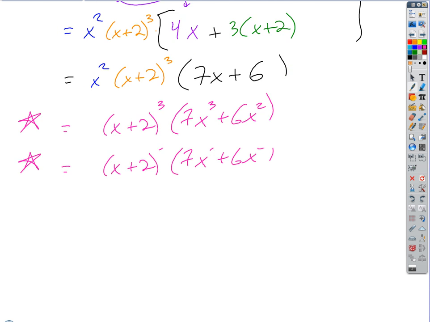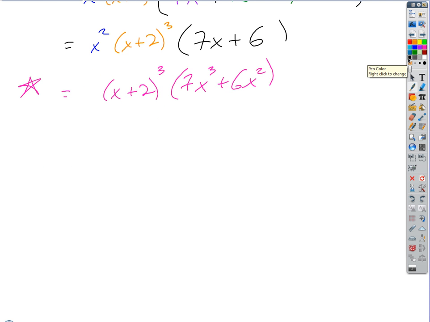Now when we apply the product rule to get our second derivative, arguably this is a little bit easier because I only have to use the regular old two-factor product rule. So what do we get then?